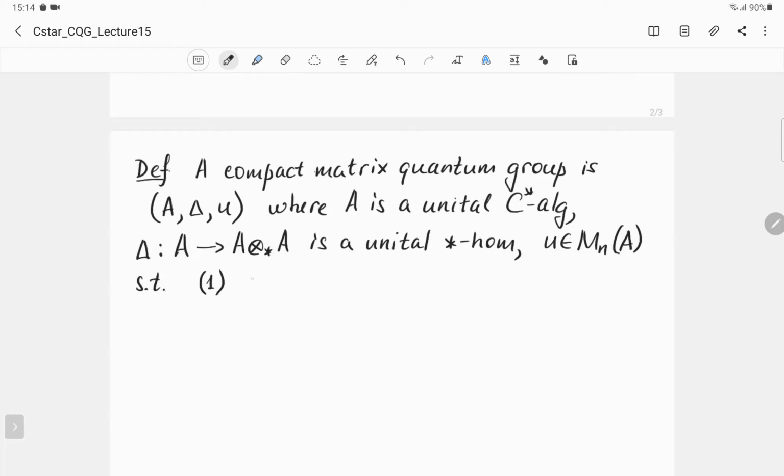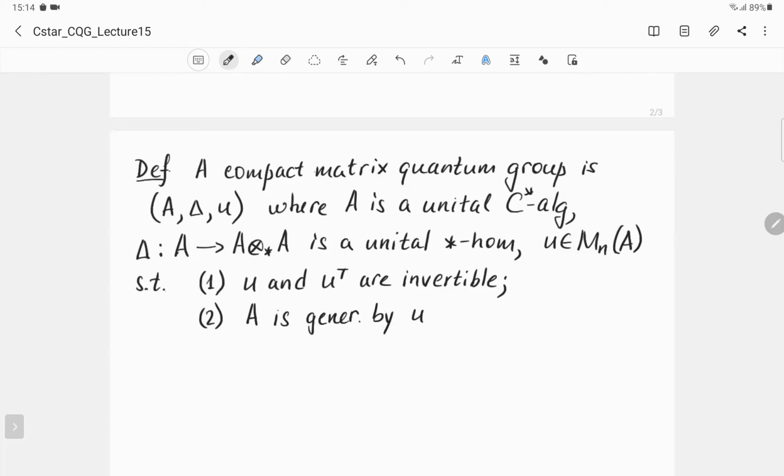First of all, both U and U transpose are invertible. Condition 2: A is generated by the matrix entries of U, the elements U ij. I mean, generated as a C-star algebra, as a unital C-star algebra.